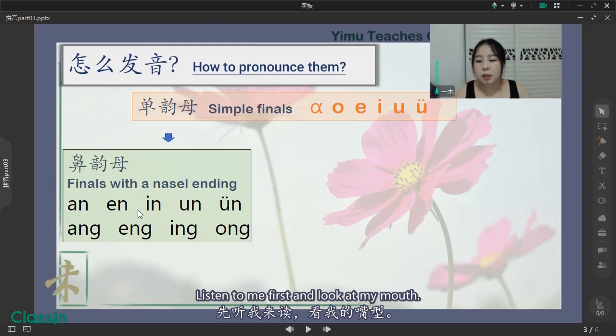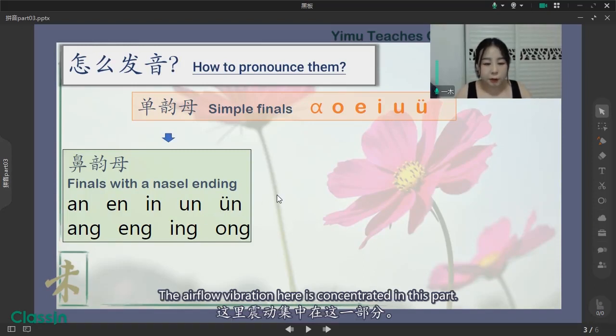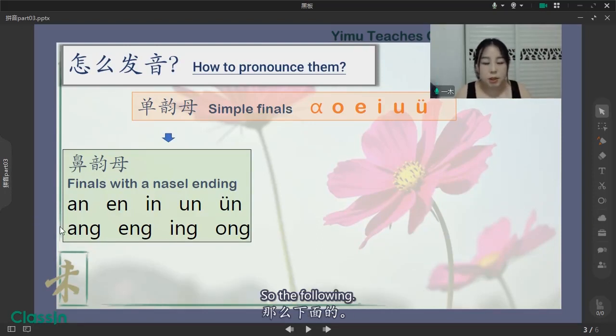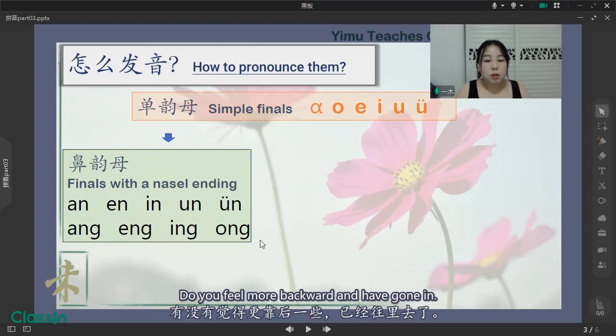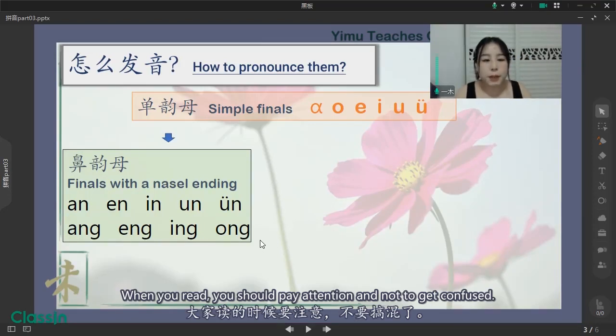In, yin, yun. The airflow vibration here is concentrated in this part. So the following: ing, ong. Do you feel it is more backward and has gone in? When you read, you should pay attention and not get confused.